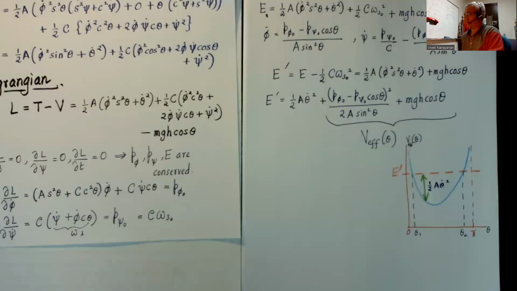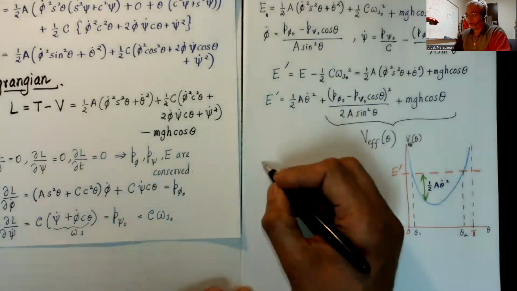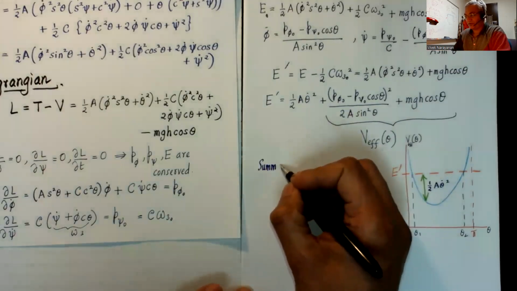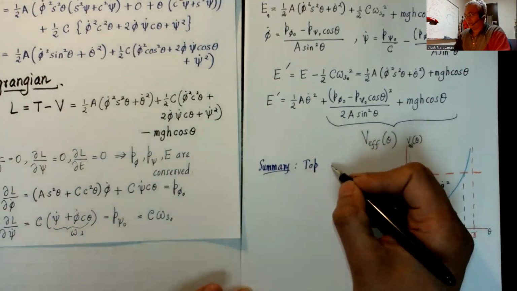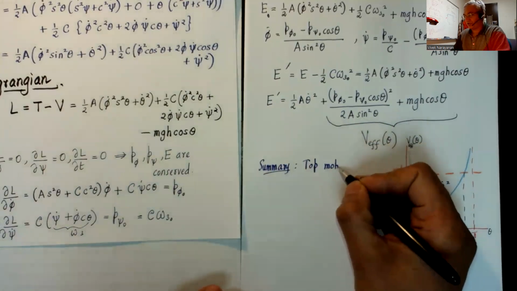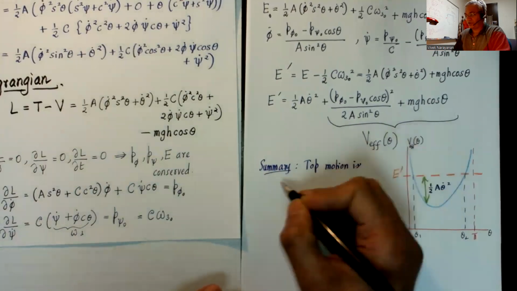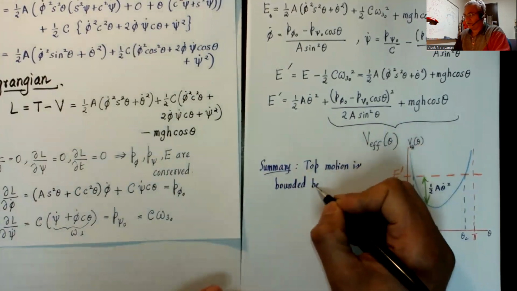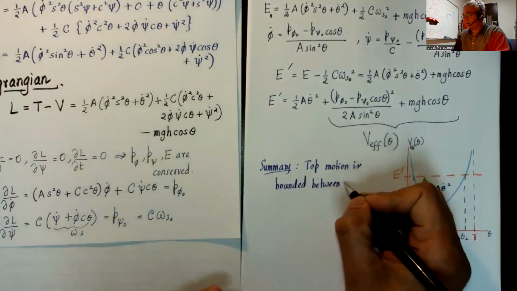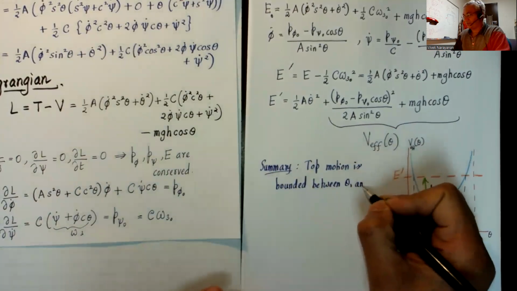So it's a very interesting thing. So we'll write a summary. The top motion is bounded between theta 1 and theta 2.